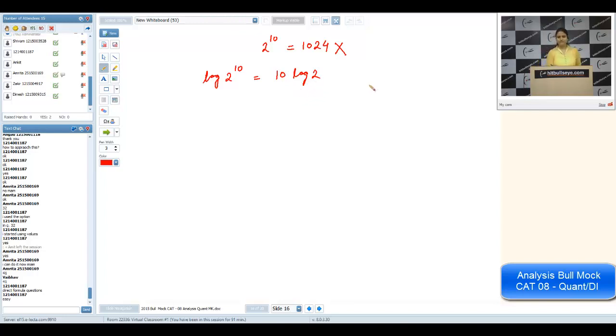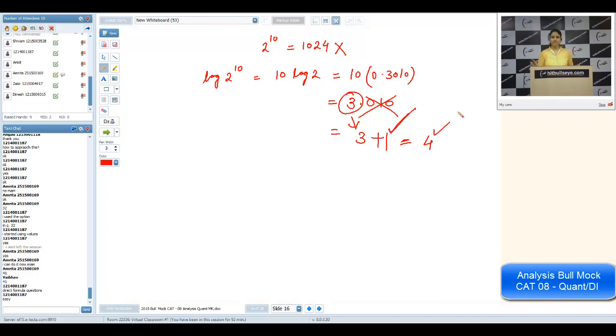Log 5 you can calculate because you know log 10 is 1, so log 5 can be written as log 10 minus log 2. Now the value of log 2 is 0.3010, so 10 log 2 will be 3.010. Now you delete the decimal part. You take the integral part and add 1 to it. That is important. Add 1 to the integral part. That comes to be 4. So this is the answer.